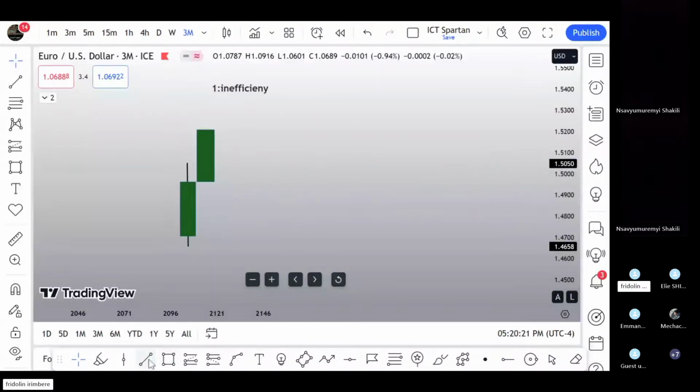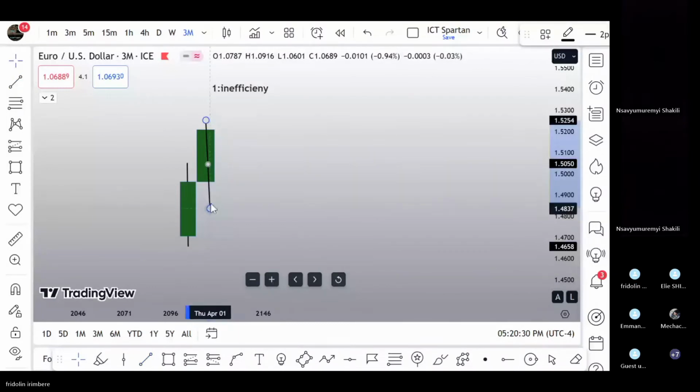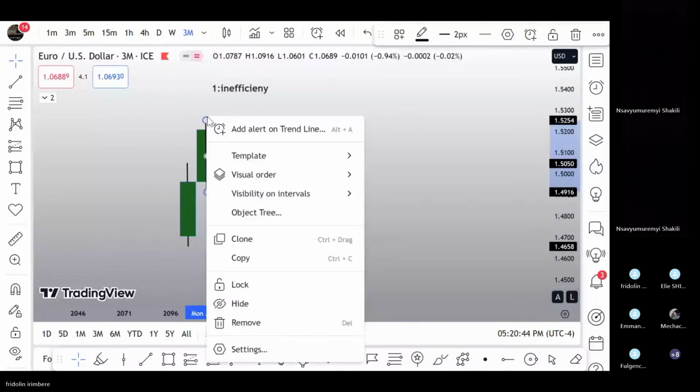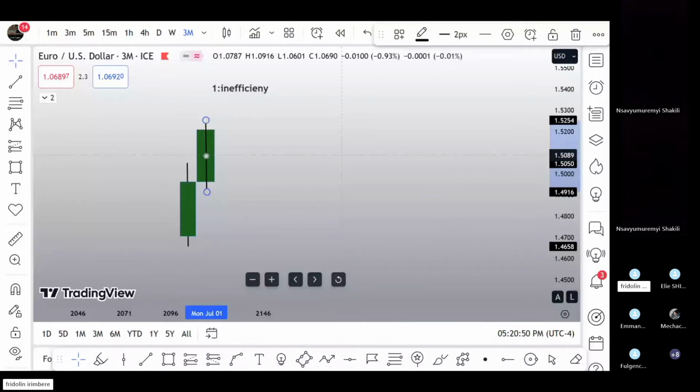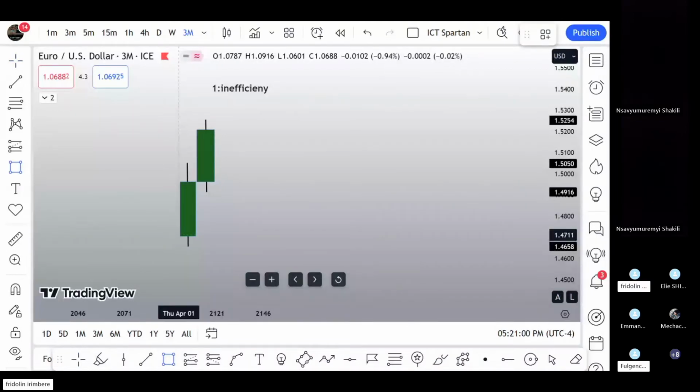And also this candlestick also got what we call its wick. And let me put another candlestick here to make them three, just here.